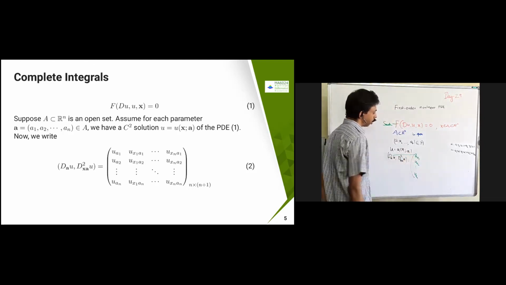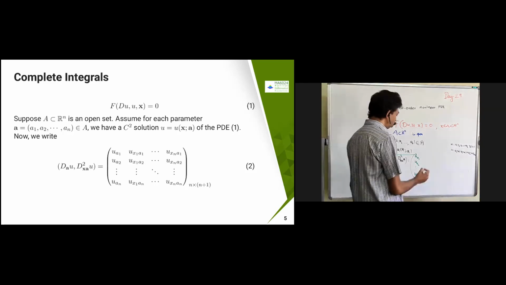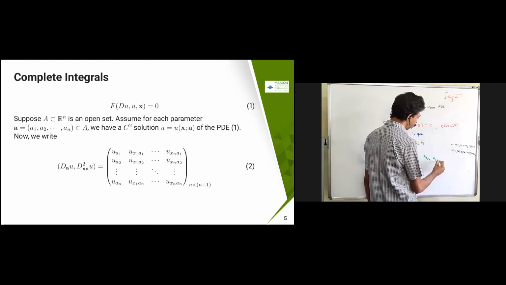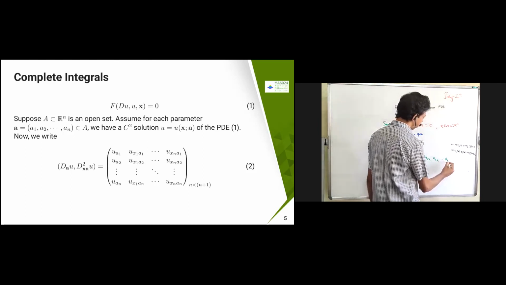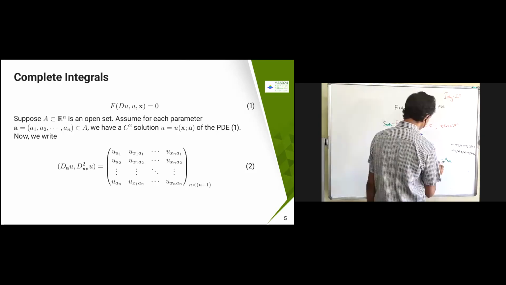Now D_xa squared of u. In that case you have combinations. You have to find x1, a1, x2, a2, etc. So I'm going to have u_x1a1, u_x2a1, etc., u_xna1.